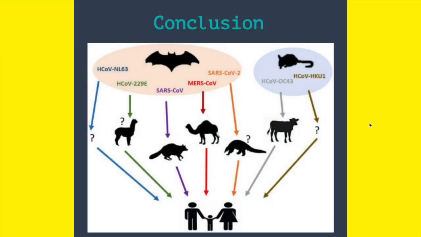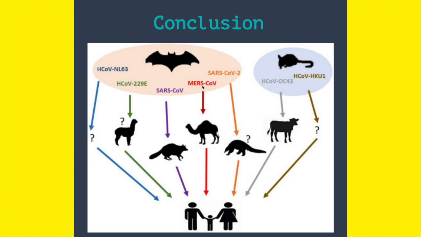So, in conclusion, it is possible that the pangolin was an intermediate host for the SARS coronavirus 2. This image shows how bats and rodents are the natural reservoirs of a lot of the human coronaviruses, and how the SARS coronavirus was passed to the civet, which was the intermediate host, which passed it on to humans.